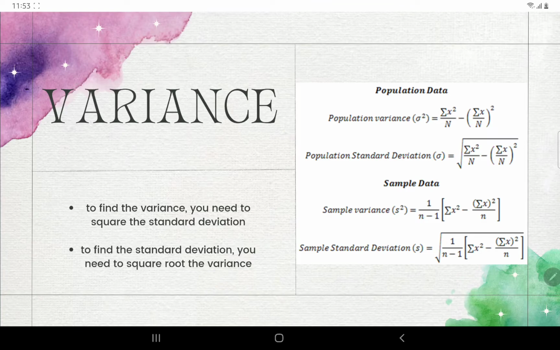The population variance notation is sigma square, and the notation for population standard deviation is only sigma.